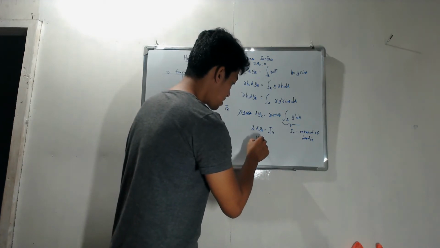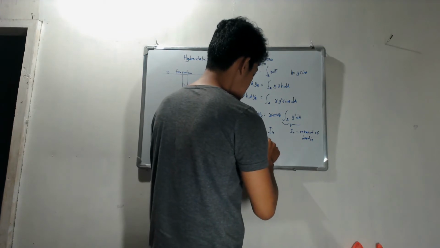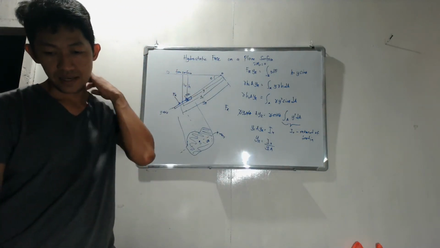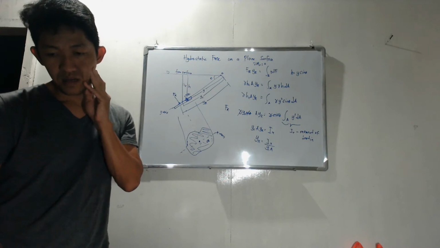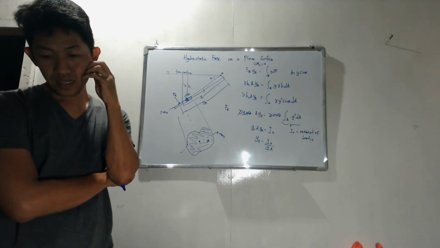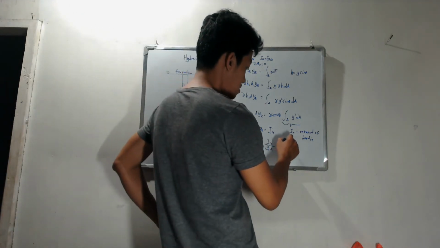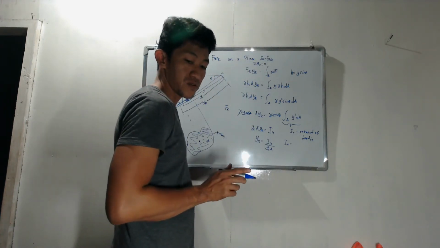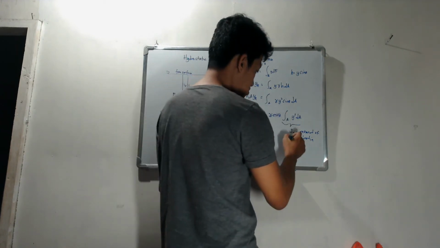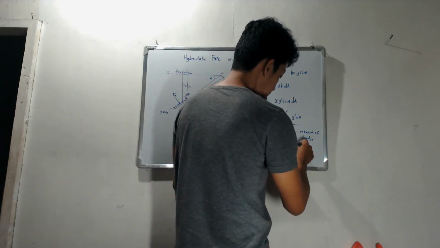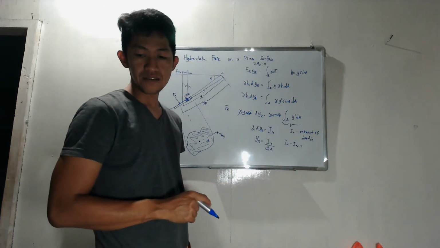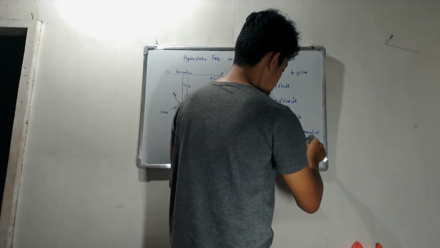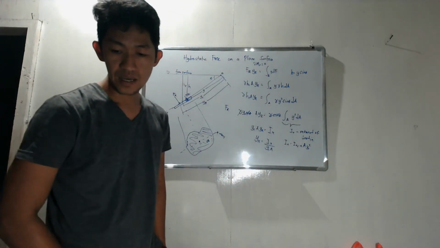Therefore, your y sub r is just I x over y c times A. But what is I x? Using your review, A61, the parallel axis theorem, this is equal to I x c plus A y c squared.